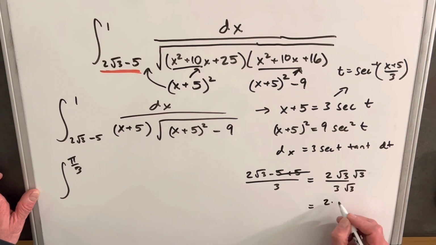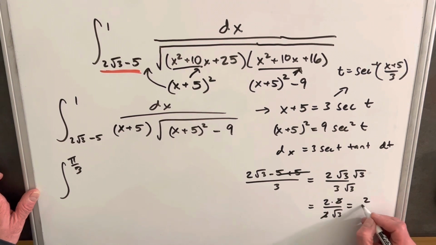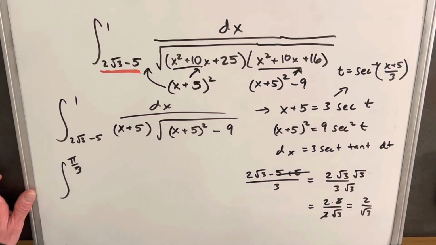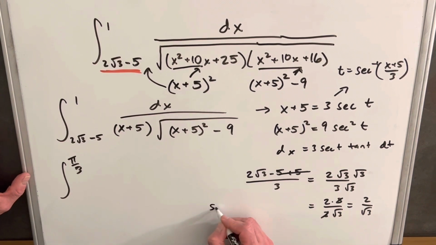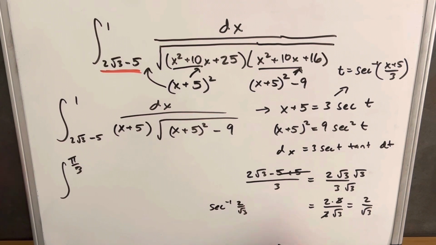Then we have 2 times 3 over 3 square root of 3. The 3's cancel and we have 2 over square root of 3. So what we really want is secant inverse of 2 over square root of 3. To flip that, it's the same thing as cosine inverse of square root of 3 over 2, and that happens at pi over 6.